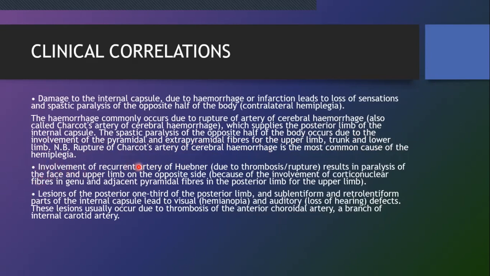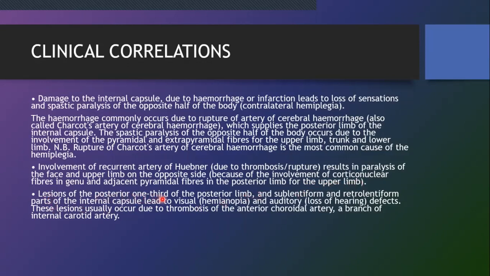Involvement of the recurrent artery of Heubner due to thrombosis or rupture results in paralysis of the face and the upper limb on the opposite side of the body because of the involvement of the corticonuclear, or corticobulbar, fibers in the genu and adjacent pyramidal fibers in the posterior limb for the upper limb.